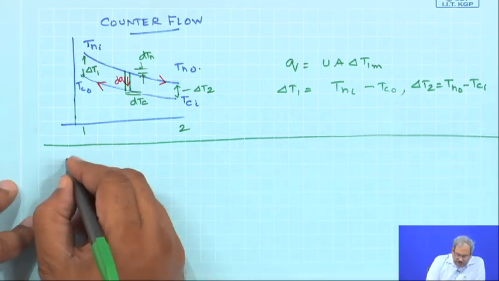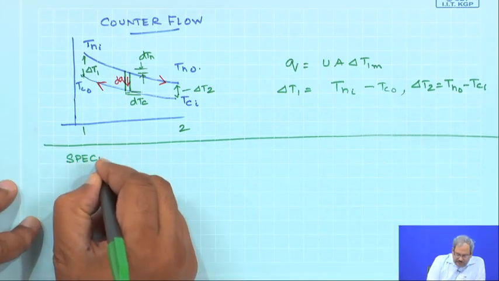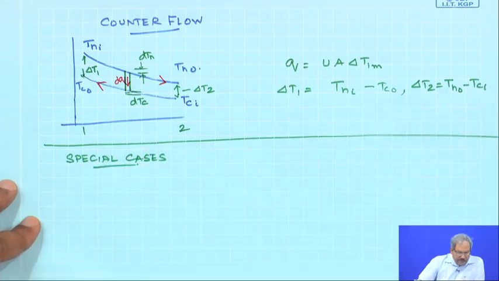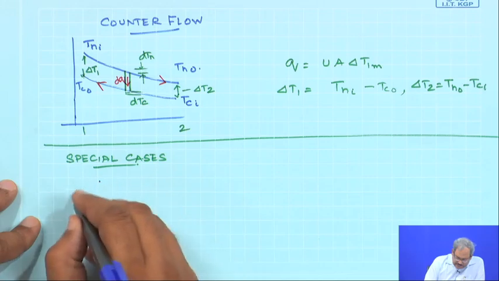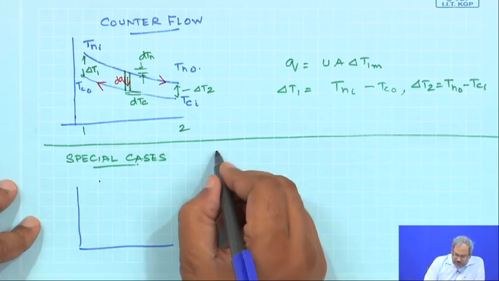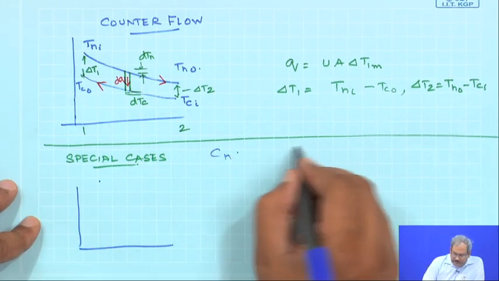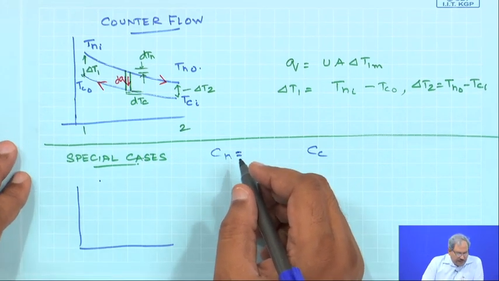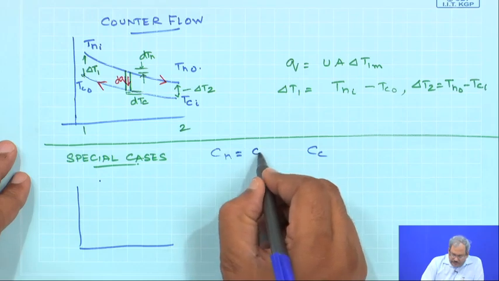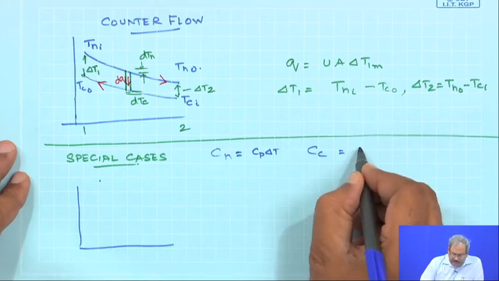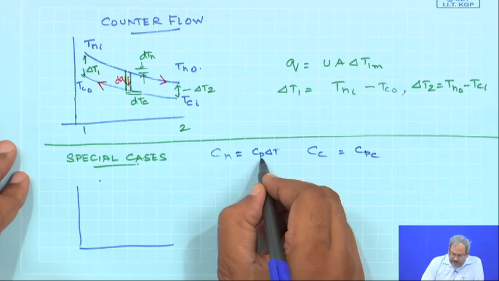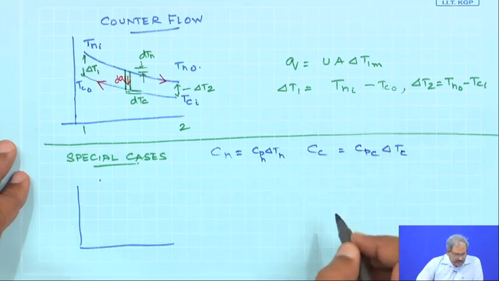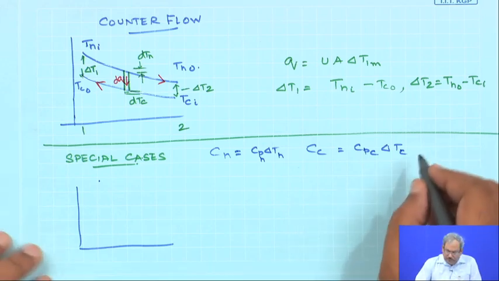Just one more thing, there are a few special cases that one needs to mention here, 3 cases. You remember the C H, the C C and so on. C H is simply defined as C p times delta T, and C C is C p c times delta T, as I have shown before.